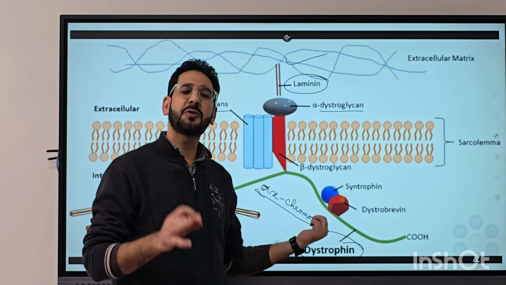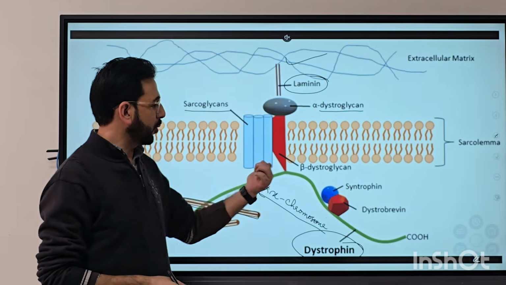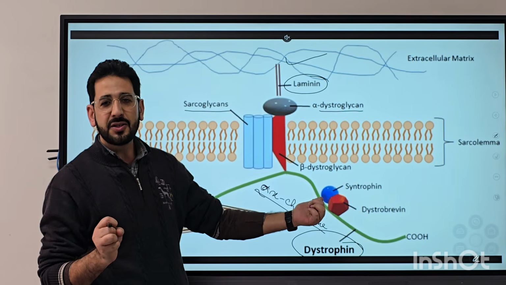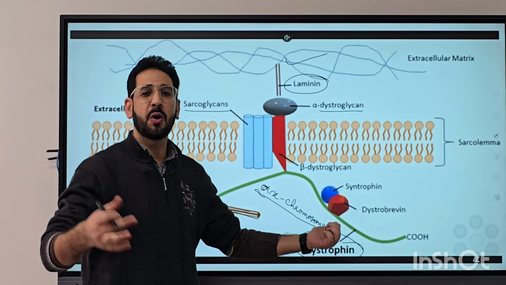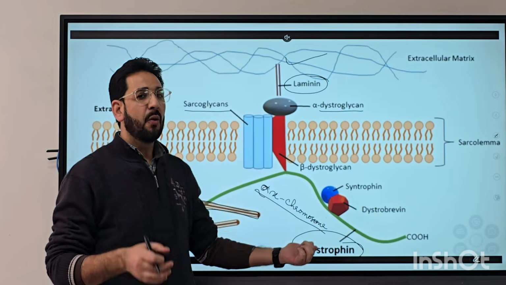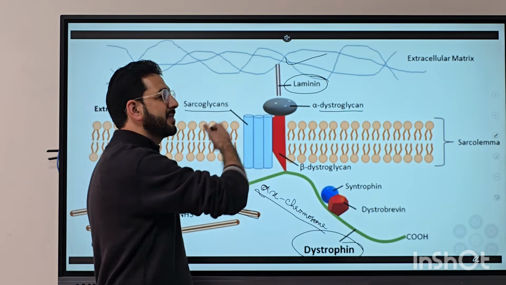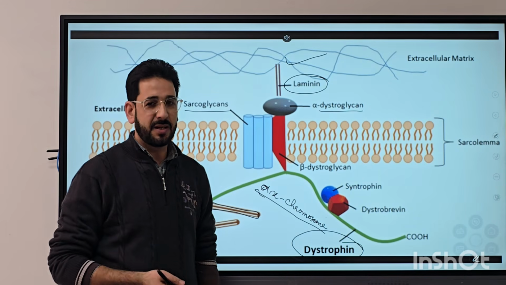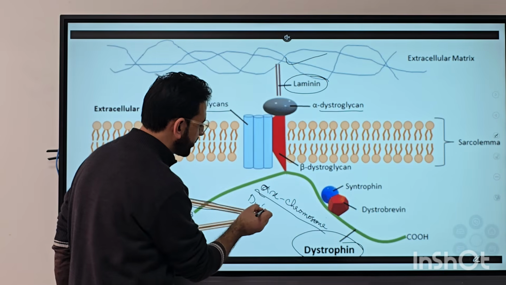Okay, that means the dystrophin protein will not be formed. And when this dystrophin protein will not be formed, what will happen during the contraction? That structural integrity will not be maintained, that strength will not be provided to the muscle cell. What will happen? There will be rupture in the cell membrane, there will be rupture in the sarcolemma, and that rupture will lead to the damage to the muscle cell, and that will lead to dystrophy.